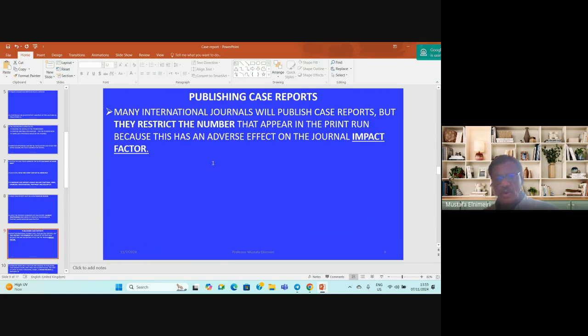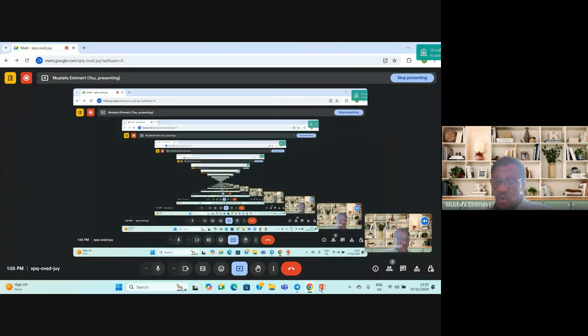Publishing case reports: many international journals will publish case reports, but they restrict the number or the percentage that appear in the print run, because this may have an adverse effect on the impact factor of the journal. So they make some sort of limitation for the number of case reports to be published annually.